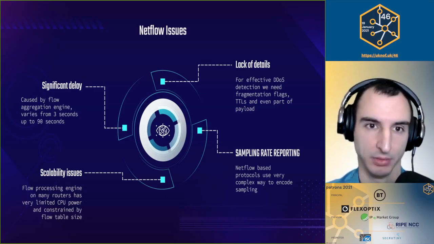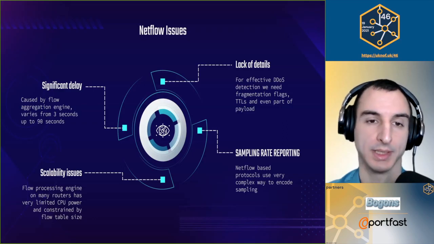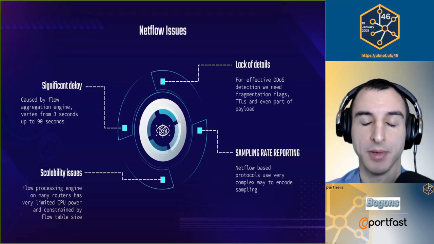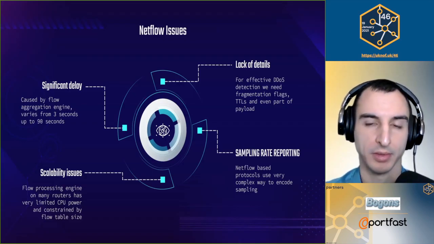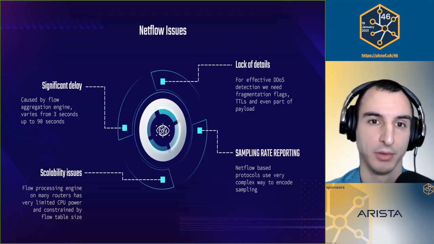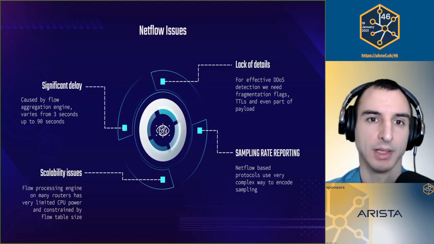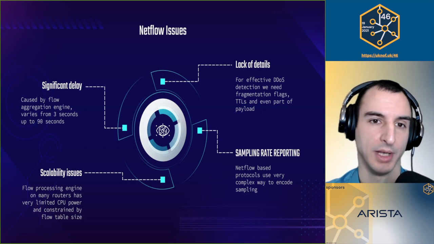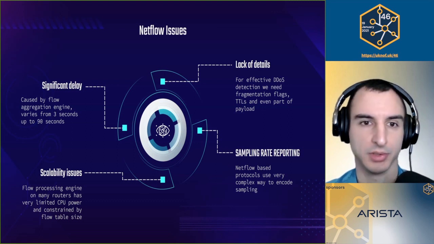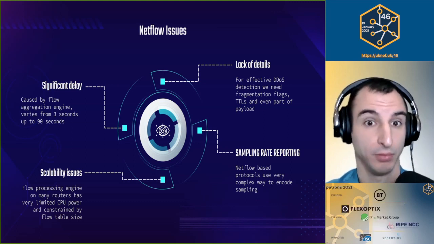Please, if you still use NetFlow 5, almost all equipment which supports NetFlow 5 also supports NetFlow 9 or IPFIX. Please move away from NetFlow 5, because one of the worst things you can experience in NetFlow 5 is the absolute lack of information about IPv6. It just has no fields to encode IPv6 addresses, not source, not destination. Please move away from it if you can.